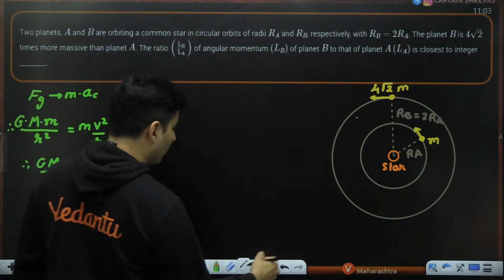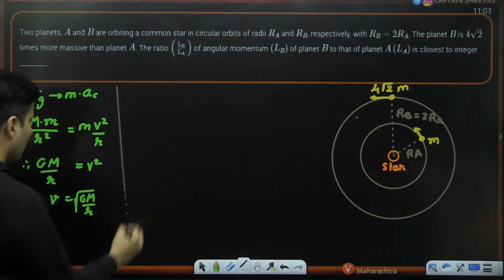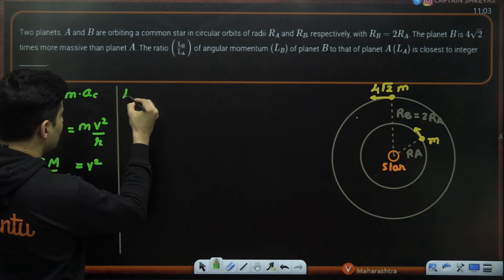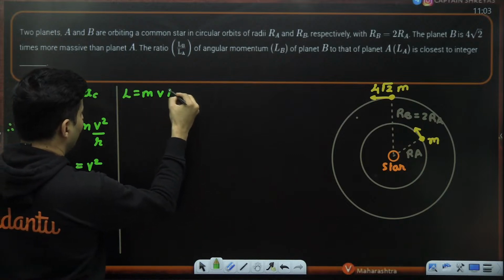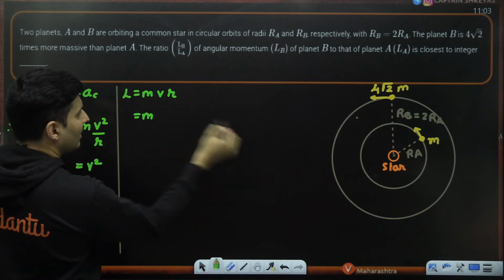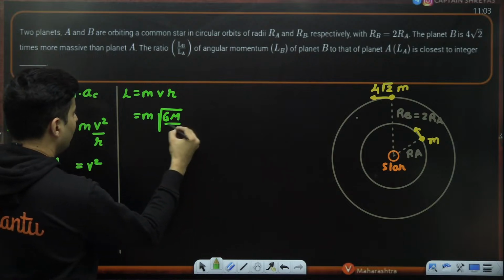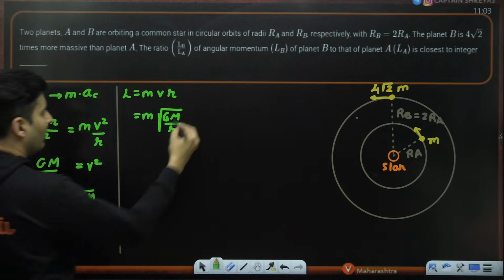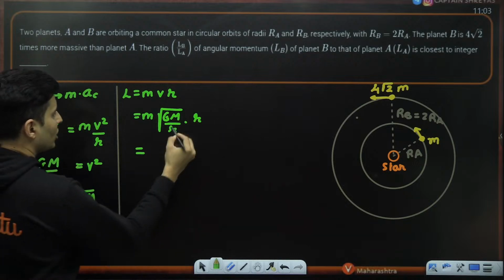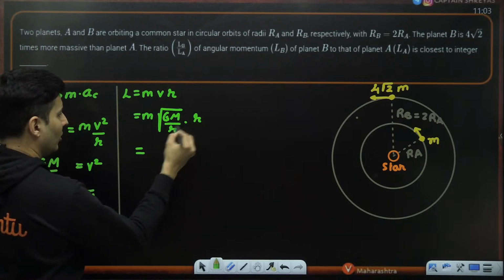Now we'll find out the angular momentum in general. Angular momentum is mvr. So mass of that planet into speed, which is root of GM by r, into r. So r and root r will cancel.